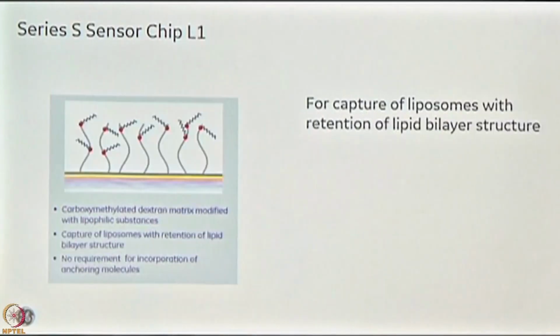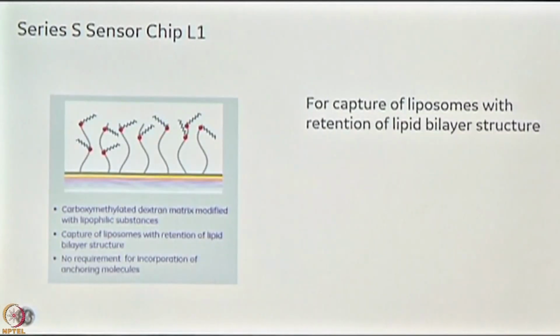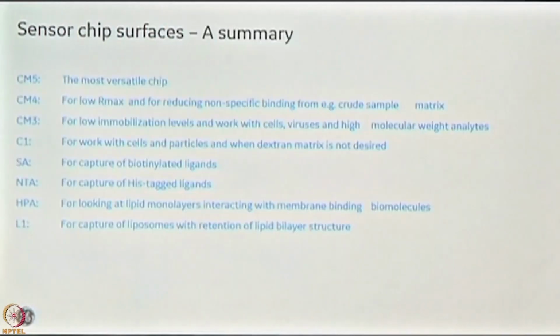It is a flat hydrophobic surface, so in this case you can only make a monolayer of hydrophobic layer, whereas here you can make a lipid bilayer using liposomes. If you have the liposome mixture, you can make a lipid bilayer kind of structure on this, and then have the protein studies done on them.